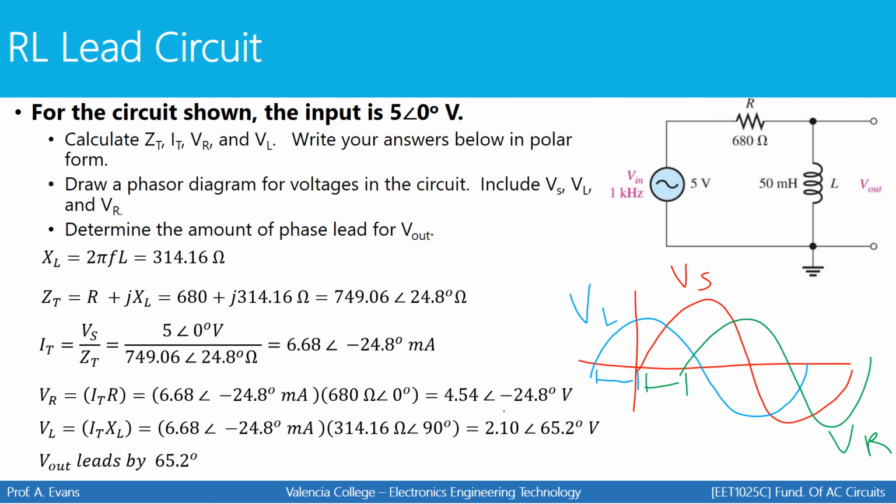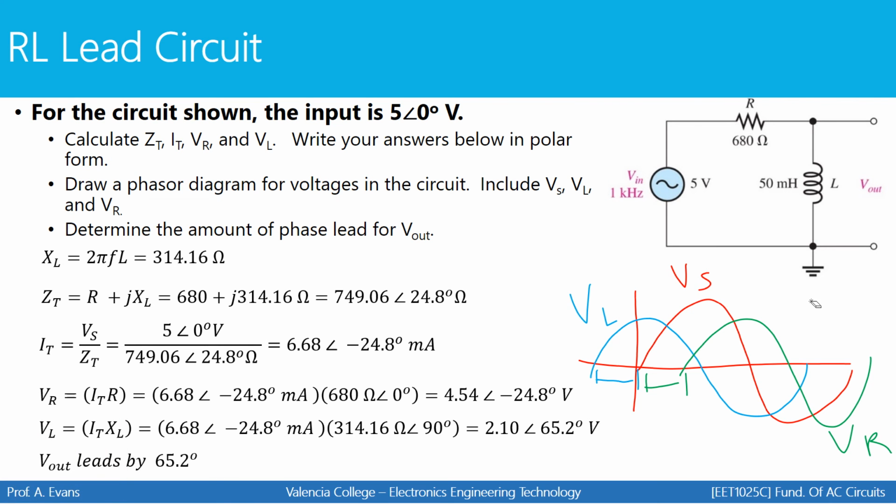So the peak value of the blue sine wave for the inductor will be 2.1 volts. The peak value for the source will be 5, because that was what was given. And then the peak value for the resistor will be 4.54 volts. Obviously, I just drew this freehand very quickly. I didn't draw it to scale, but if you were to build this in Multisim or measure this on a bench, that is what you would observe.